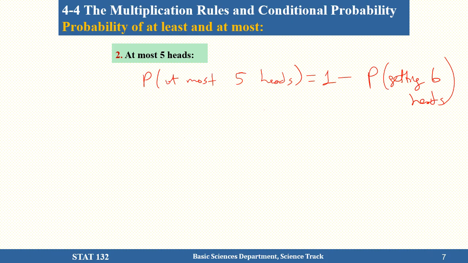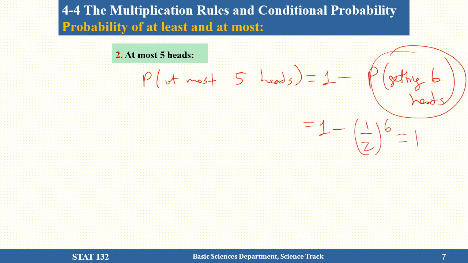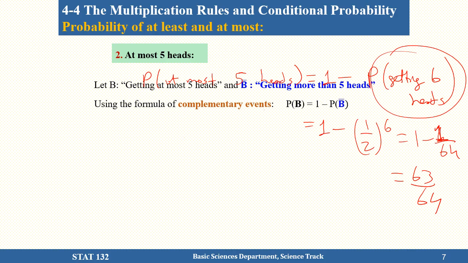So it will be 1 minus getting 6 heads, which is the same as before, 1 over 2 to the 6th. So it will be 1 minus 1 over 64, which is 63 over 64. Okay, let's see how it goes in the slide.